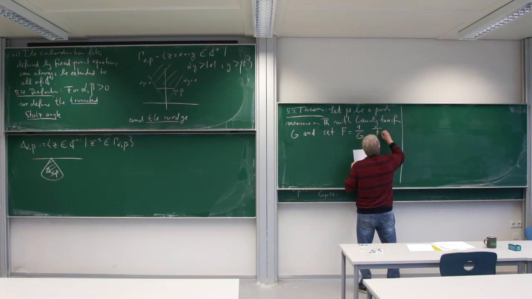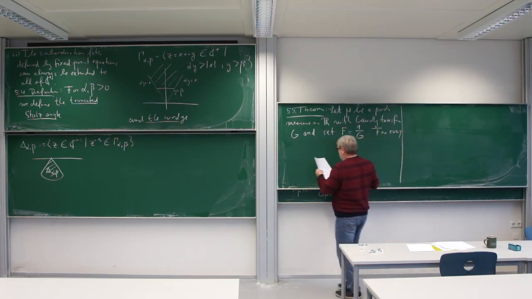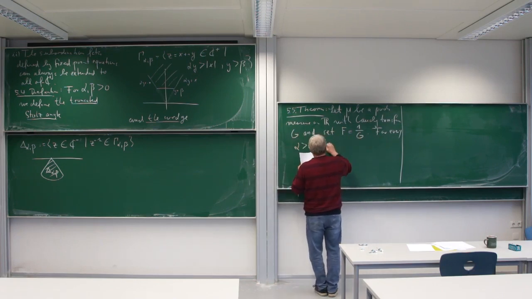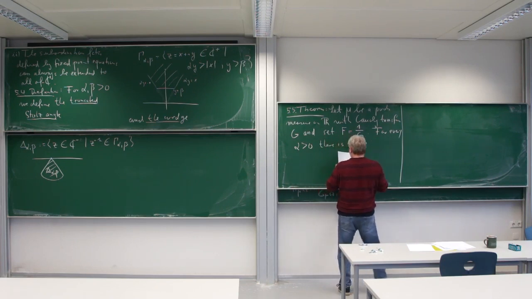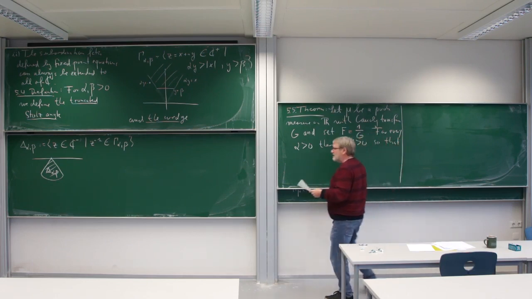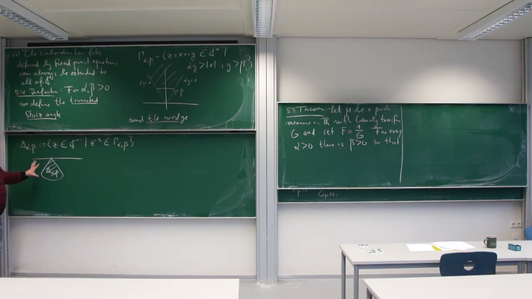Then the statement is that for every alpha greater than 0 there is a beta greater than 0, so that we can define the R transform on domains like this. So we are not saying that there is one fixed alpha and beta on which we can define it, but we have the freedom of choosing alpha.